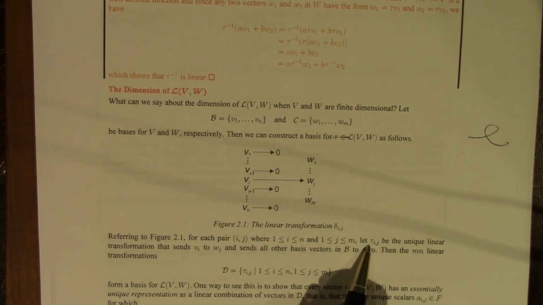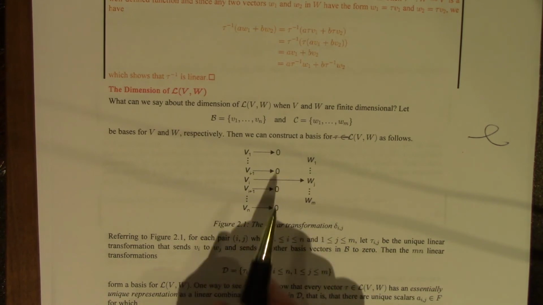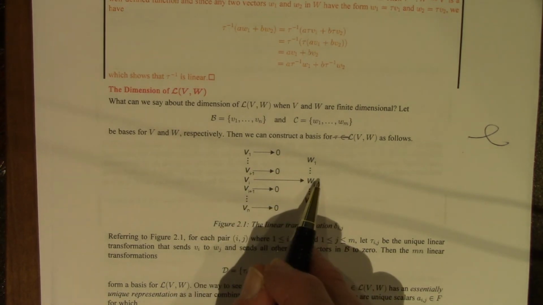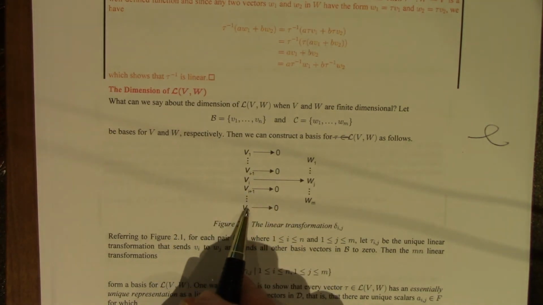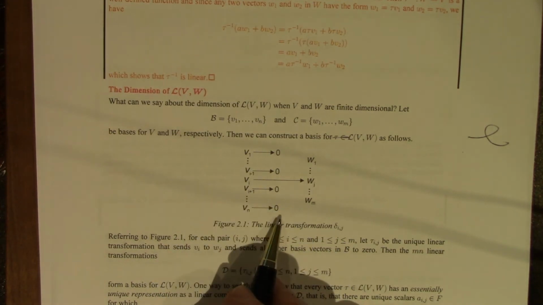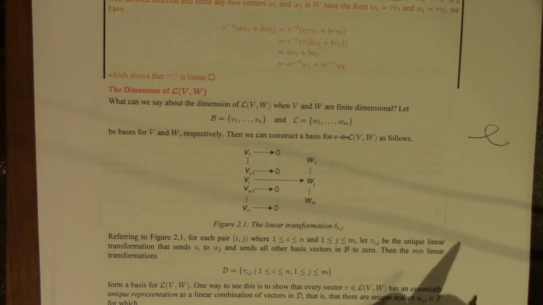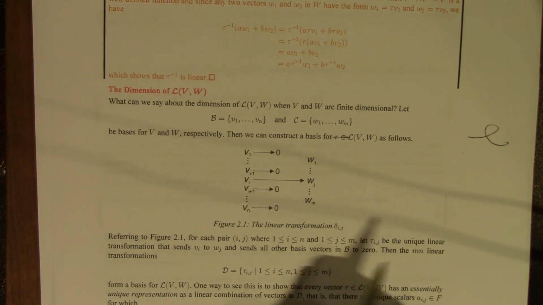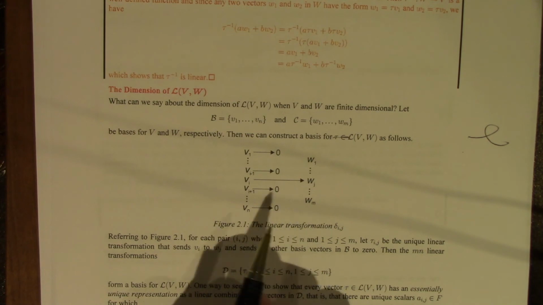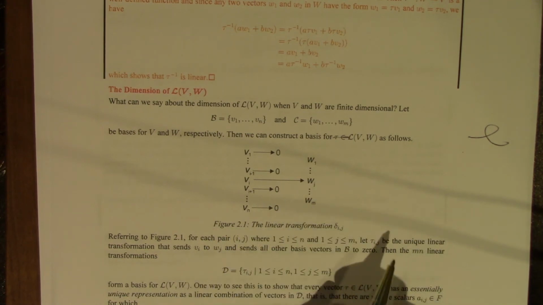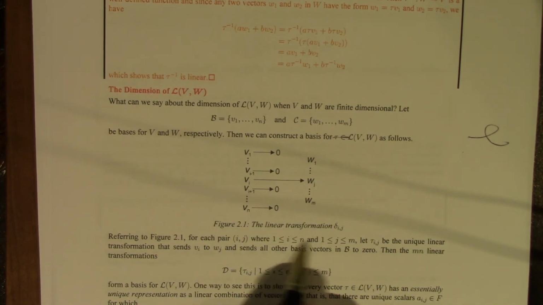Define a map tau sub ij that takes Vi to Wj, and takes all the other basis vectors to 0. This is our set function, and it can be extended by linearity to linear maps from V to W, one for each i and j.